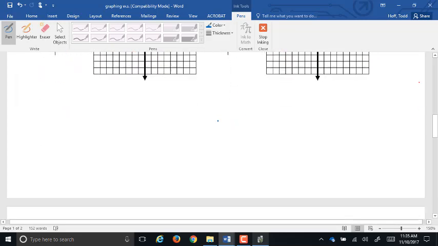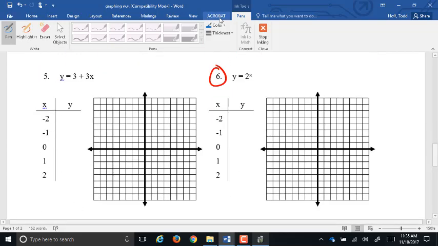Number 5, again, most of you probably didn't get time to do that, so you can sketch it in off to the side or whatever you want to. Should look something like this. It is a line again. Number 6. There's going to be a nice, neat little curve like that.